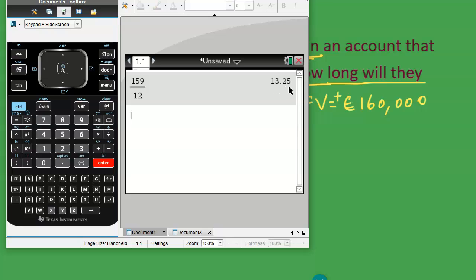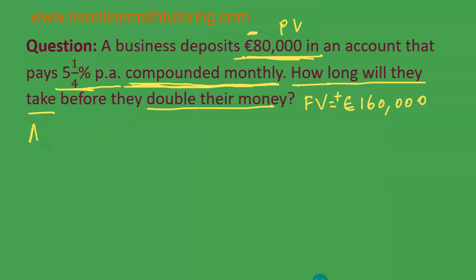That is 13 years, 3 months. You may give the answer as 13.25 years, but it is better to give it as 13 years, 3 months, because we are not very habituated to reading a figure like 0.25 years. So the answer will be 13 years and 3 months.